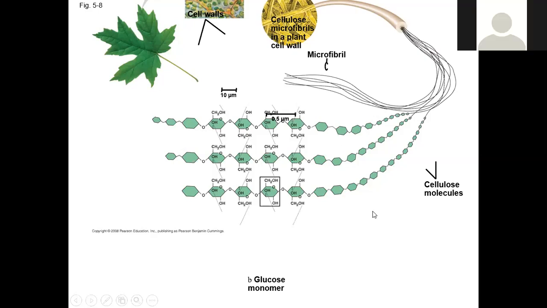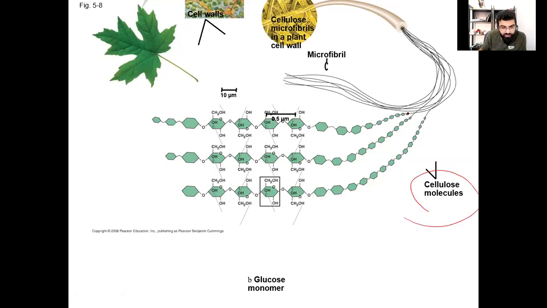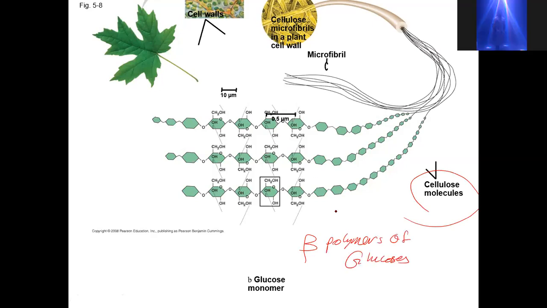Cellulose. Yes, this is the cellulose molecule. You can see many strands of beta polymer of glucoses. As you see here, this is a beta one.